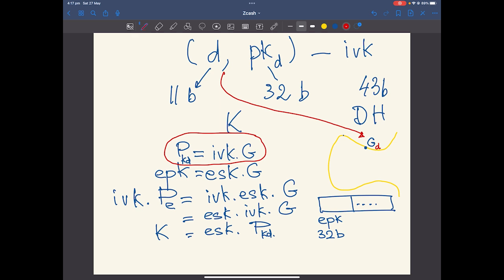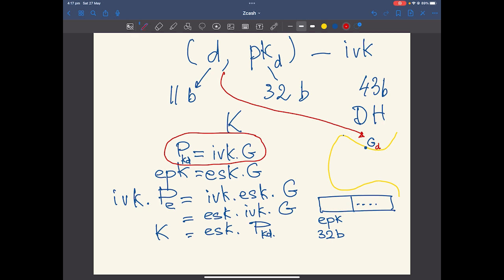Then, if the receiver wants to create another address, he would choose another value of D, any value of D of 11 bytes that can be associated with a point on the curve, which will be a suitable value for the generator point.